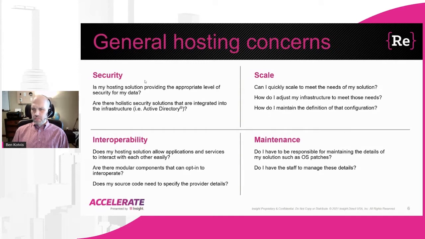From a scaling standpoint, what if I need to add more scale? That's just a basic underlying concern. How do you adjust the infrastructure to meet those needs? You just need to upscale, add more virtual machines in a traditional distributed computing scenario, and load balance those servers. And when it comes down to optimizing the details of that scaling, how do I maintain the definition of that configuration?